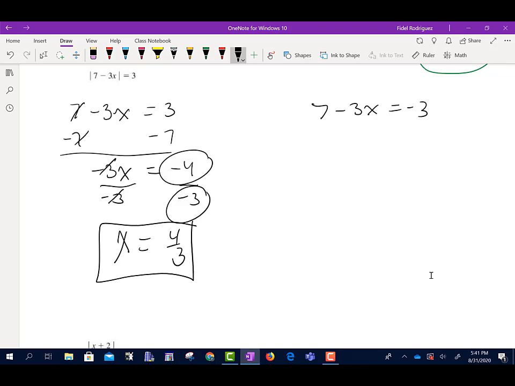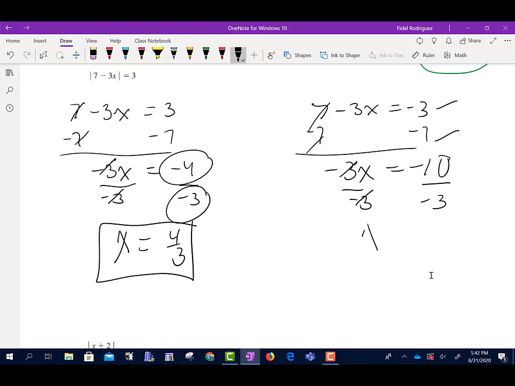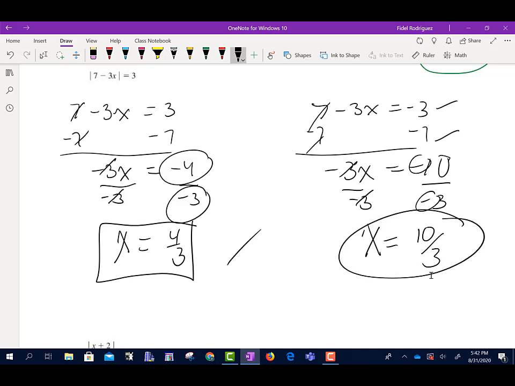It's a positive 4/3. Over here, -7 and -7. -3x equals -3 minus 7. If I owed you 3 and I borrowed another 7, now I owe you 10. Divide both sides by -3. And again, a negative divided by another negative is a positive 10/3. And again, we have two answers, okay?